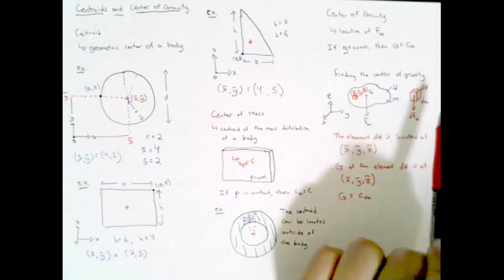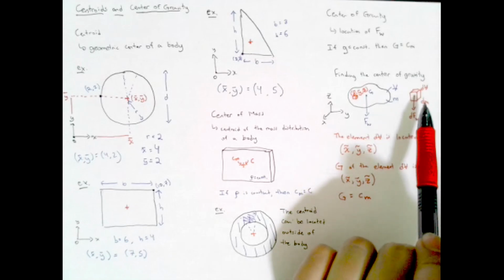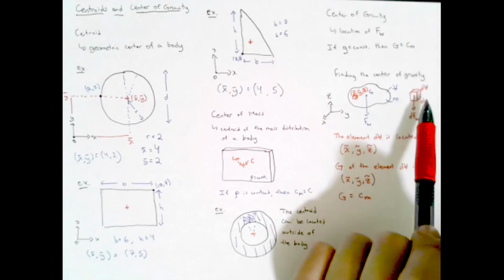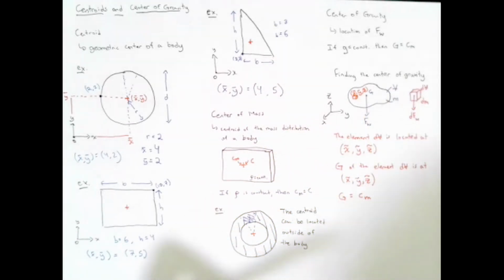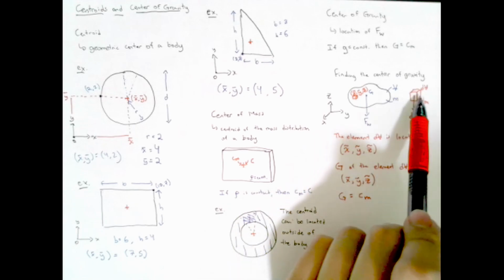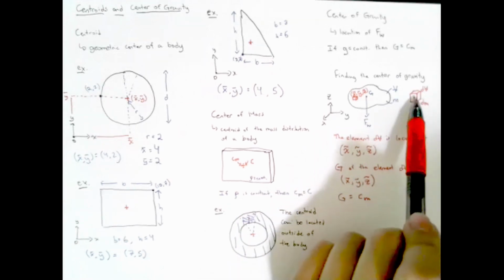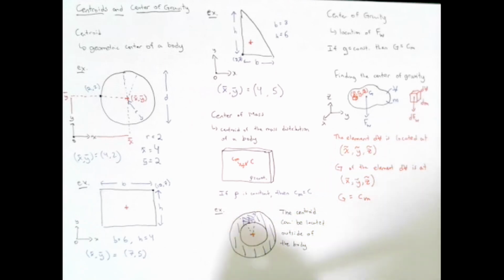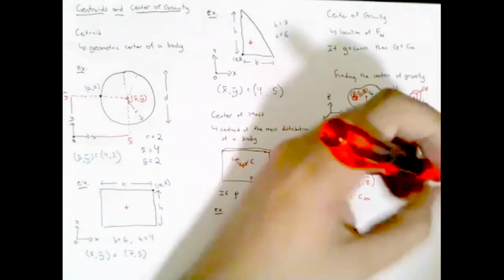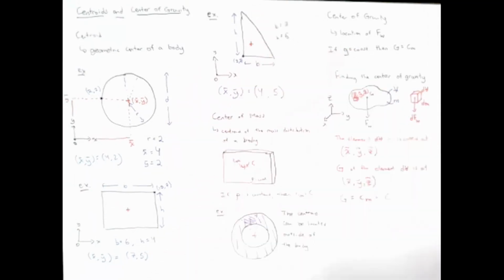We also know that because this element is so small, there cannot be any density variation throughout the element, because in order to have density variation, we need to have a finite length. The density at one point of the element should be equal to the density at any point in the element, because they're all basically at one point. It's infinitesimally small. So that means that the center of mass is also located at the same location as my centroid. So what can I get with all this information?